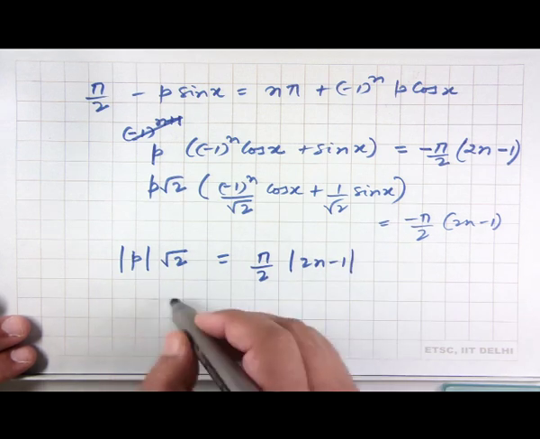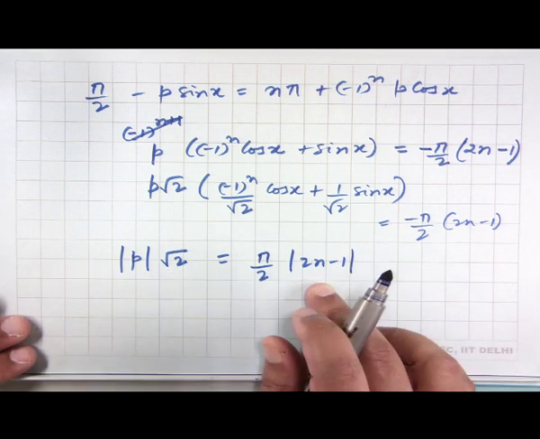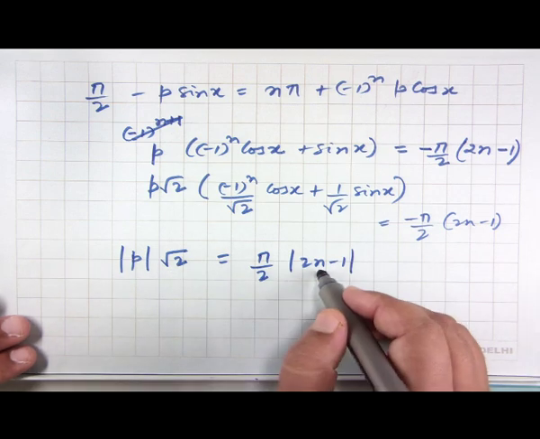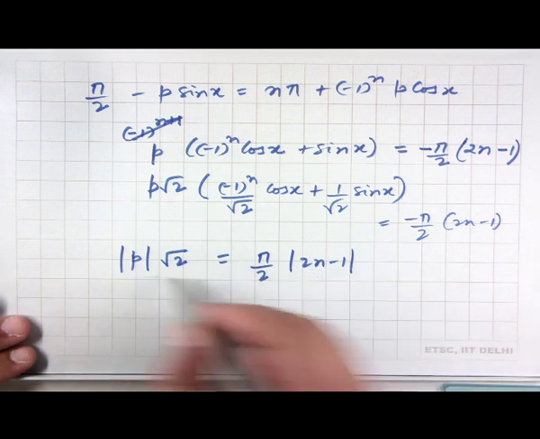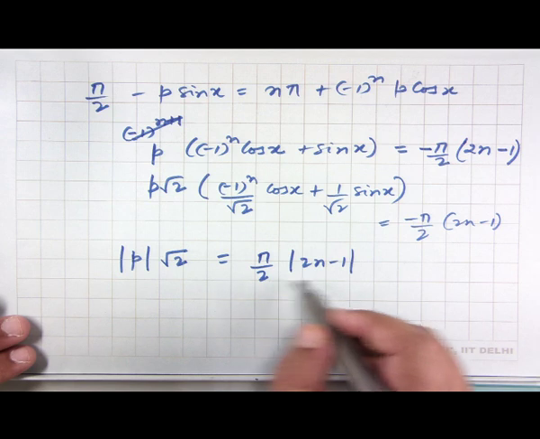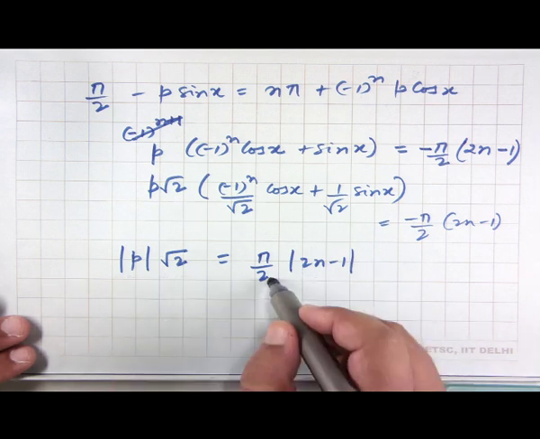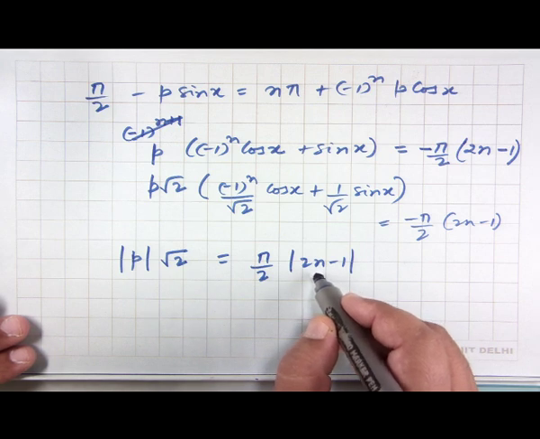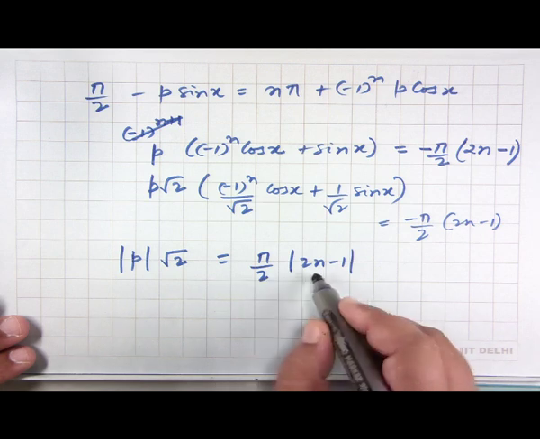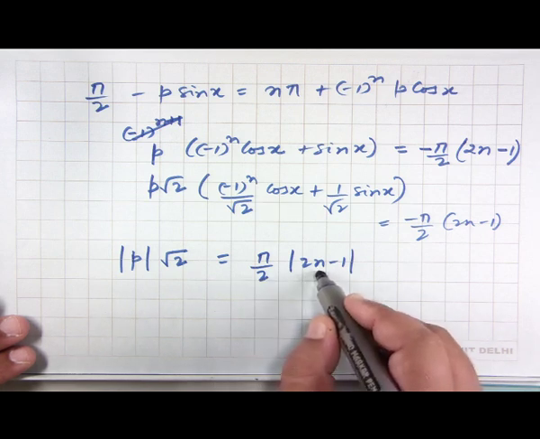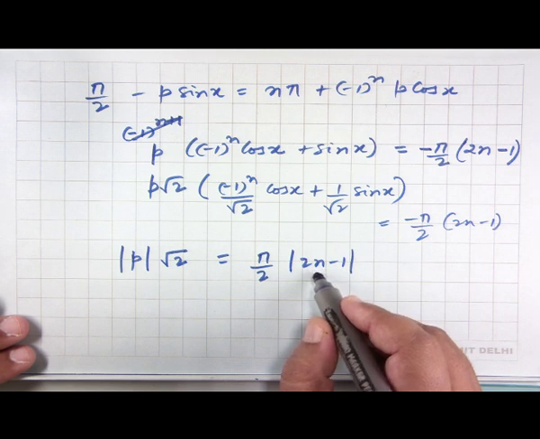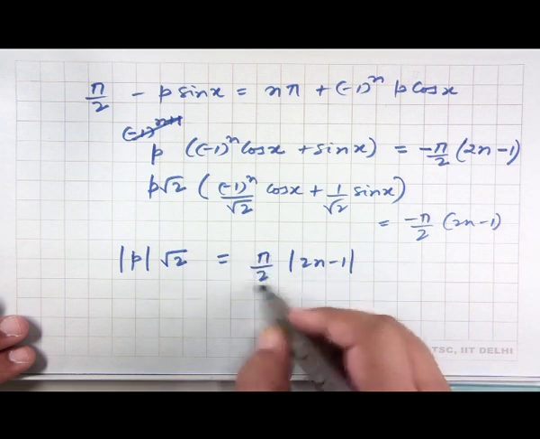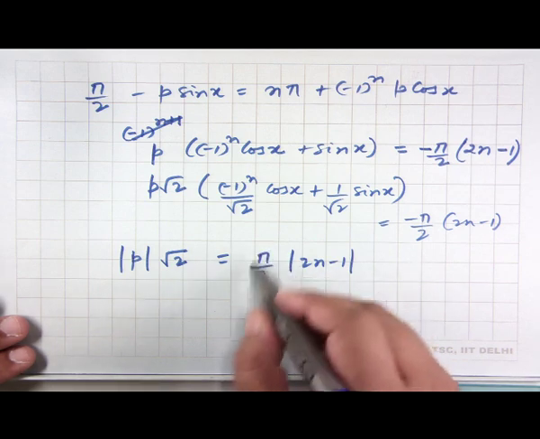From here it is now easy to see that for n equal to 0 we get this thing equal to pi by 2, n equal to 1 also we get pi by 2, but if we try n equal to minus 1, then we have 3 pi by 2 here. Similarly, if we try n equal to minus 2 or n equal to 2 or larger values of n, we will not get pi by 2, we will get bigger numbers.